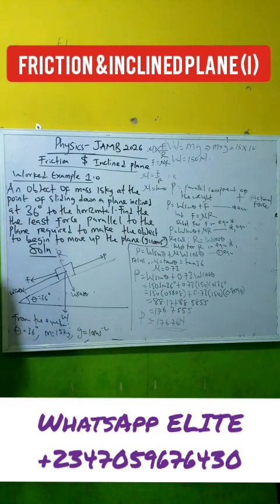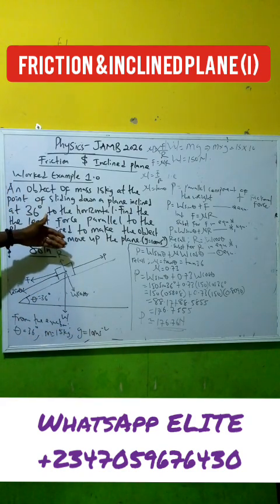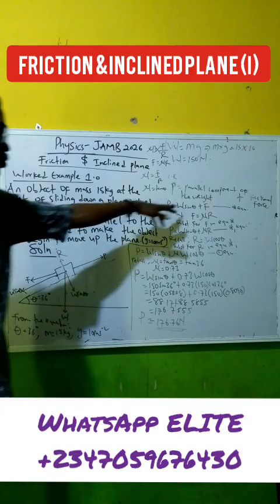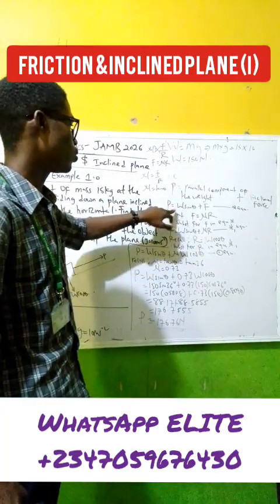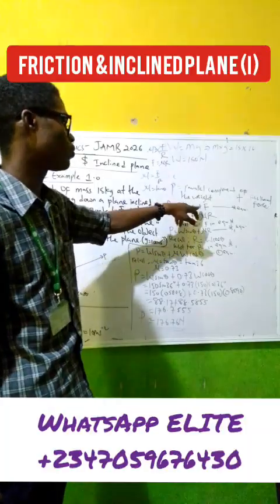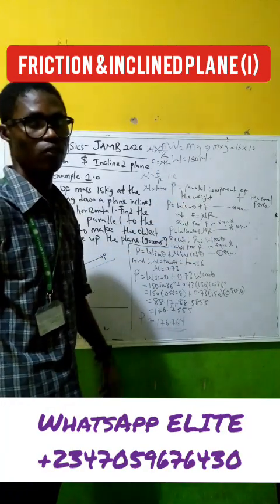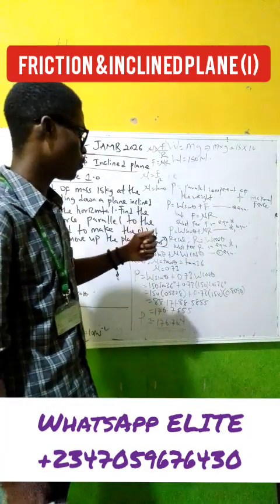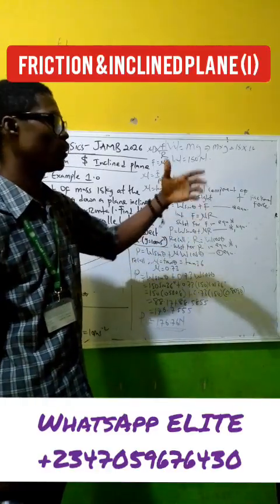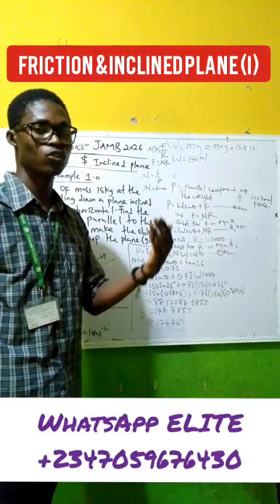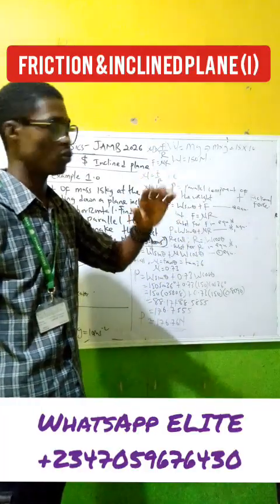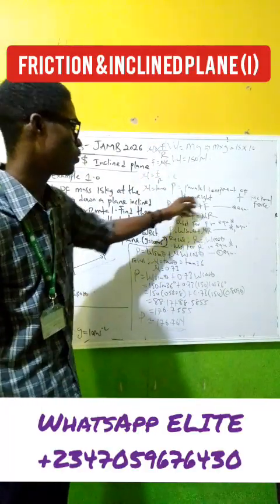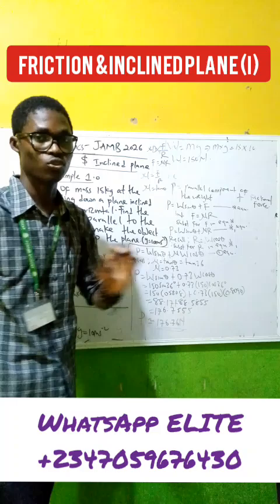In cases where they ask you to calculate the force required to make it come to rest, instead of addition here, this one becomes subtraction. That is, P is going to be equal to W sine theta minus F. When it is the force required to pull it up, it's going to be plus. When the force required to move it down, that will make it come stationary, is going to be minus. I'm just giving you a logic, so there is no point bothering yourself. Just write out this, then either plus or minus, you should know where they belong.